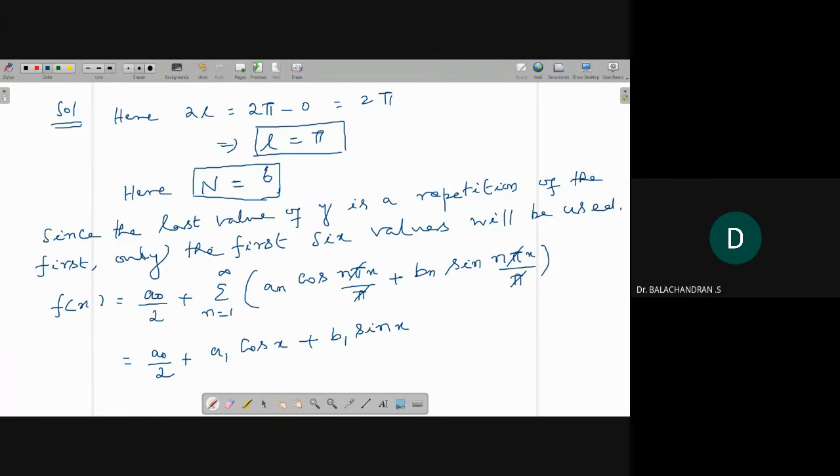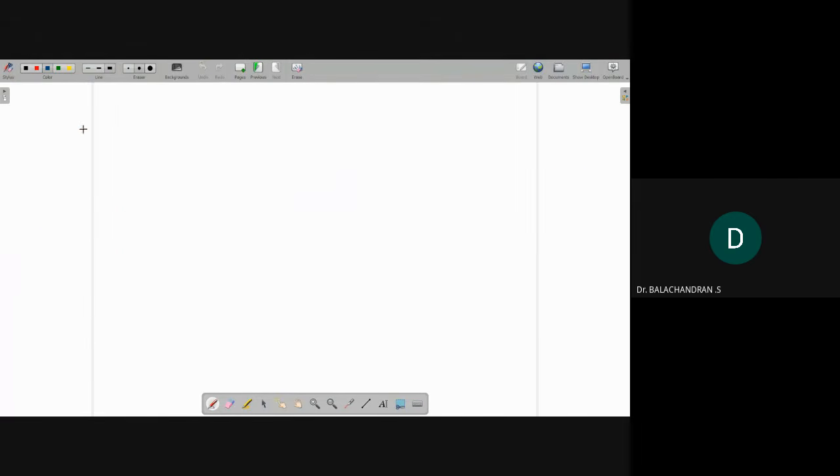Okay. So I will write what is a naught. A naught equal to what? Already I gave 2 times sum of f of x divided by n. Next a1.